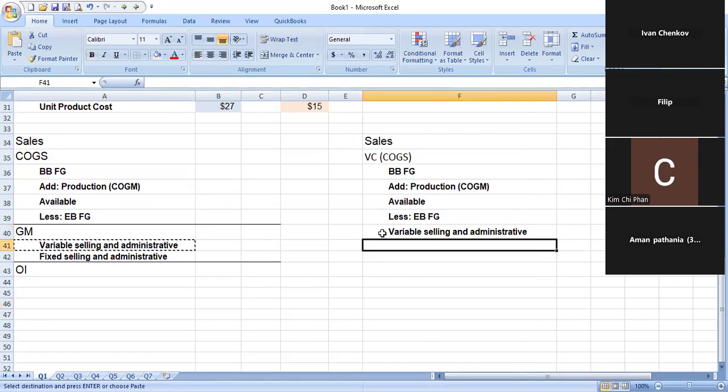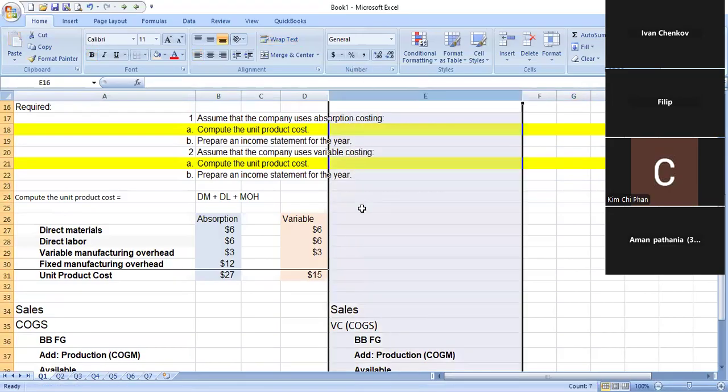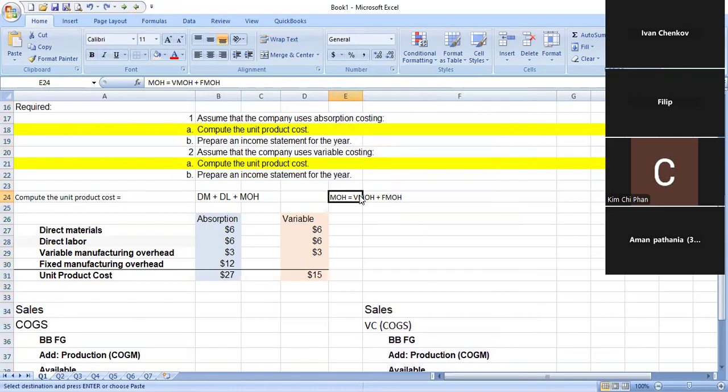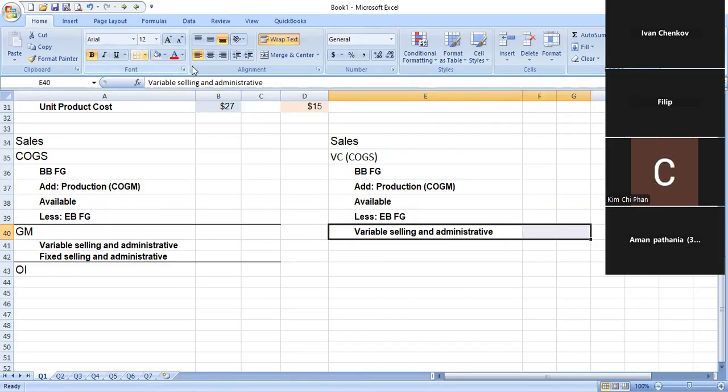Then I can get the variable cost. Actually, I don't want to cancel this one, I want to keep it. Once I get those, what's the first calculation for me here? Contribution margin.